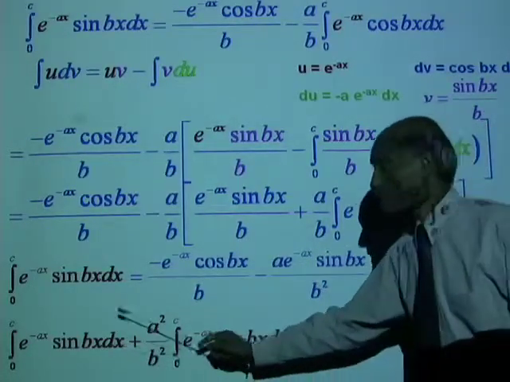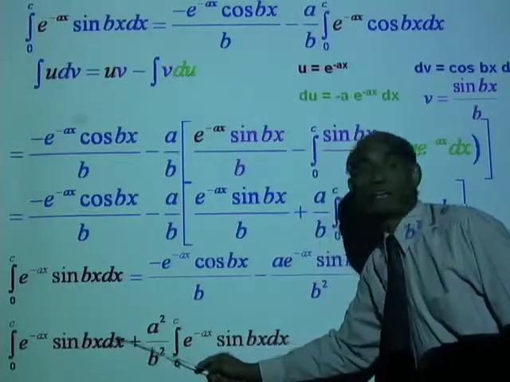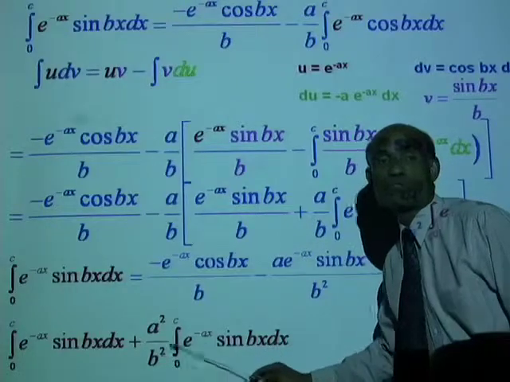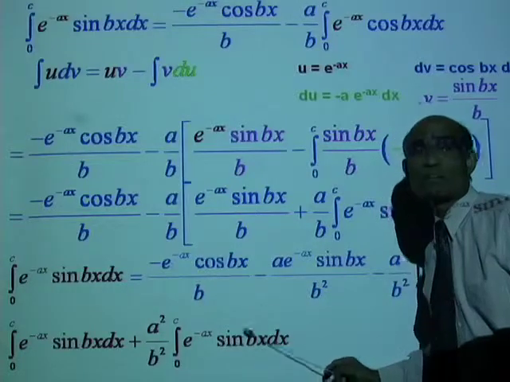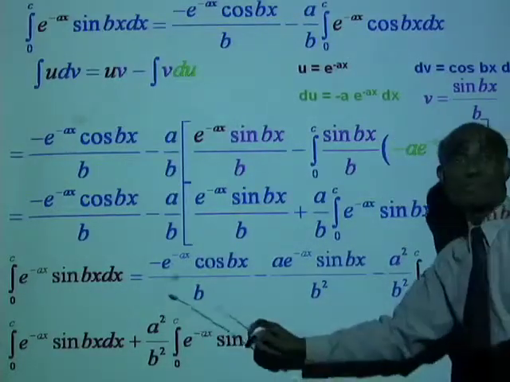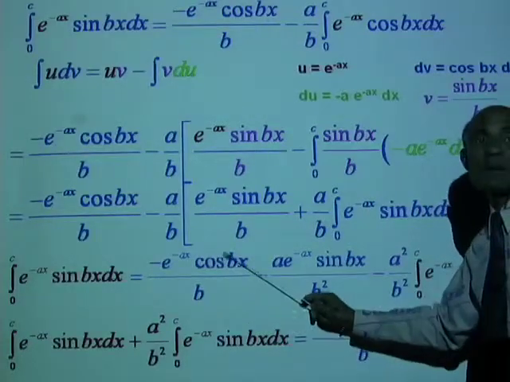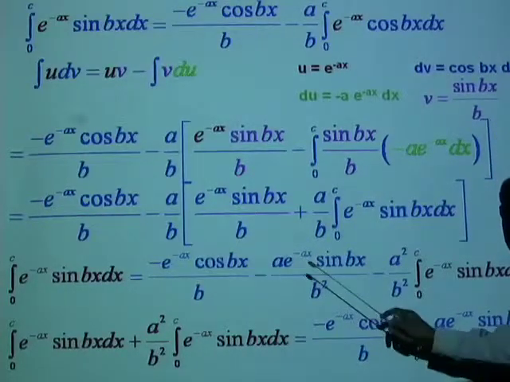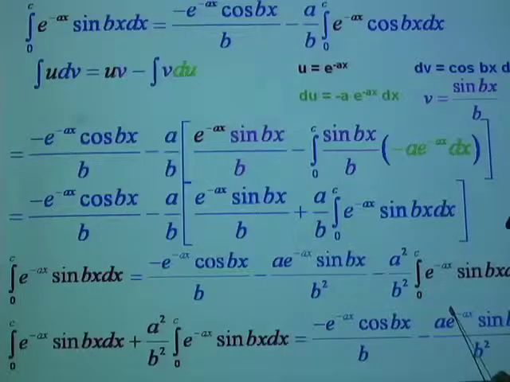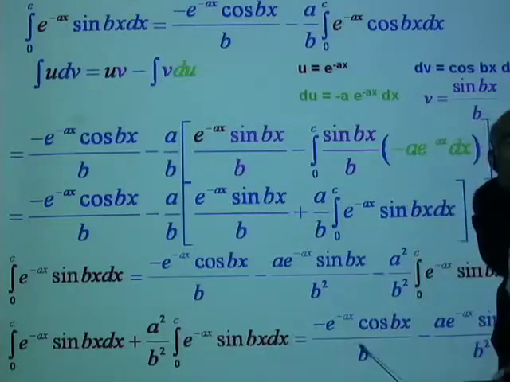So integral 0 to c e to the negative ax sine bx dx plus a squared over b squared integral 0 to c e to the negative ax sine bx dx, that is this term moved to the left, equal to these two terms, negative e to the power of negative ax cos bx over b minus a e to the power of negative ax sine bx over b squared. Alright, let's now go to the next page and try and simplify this.